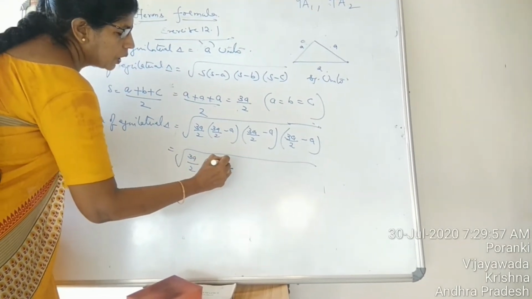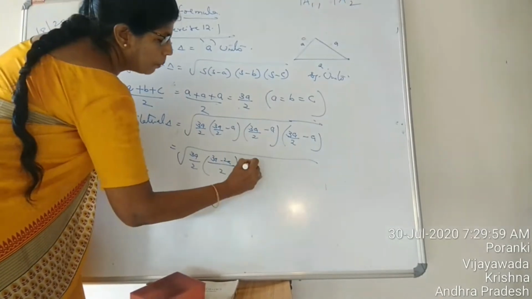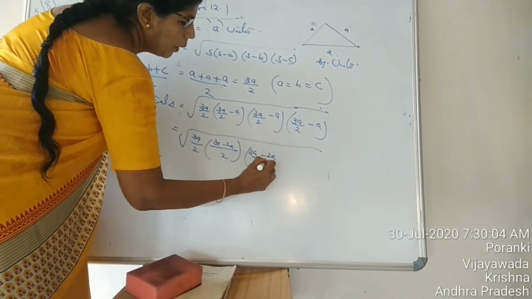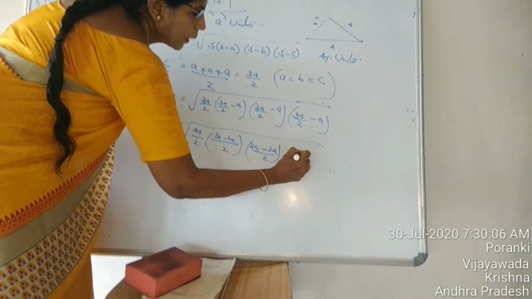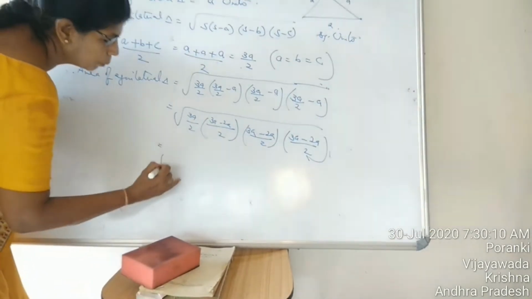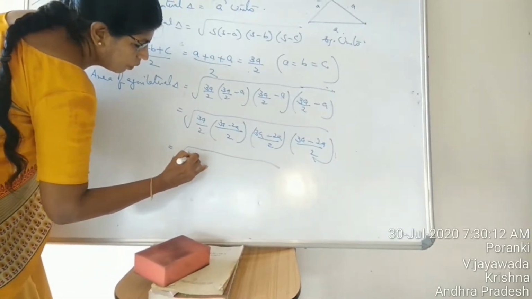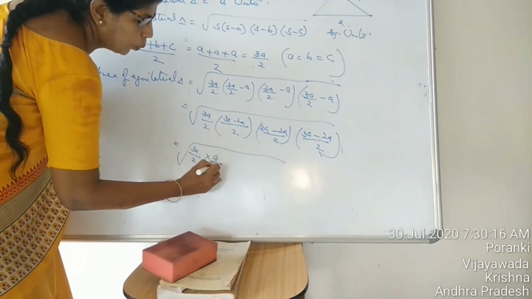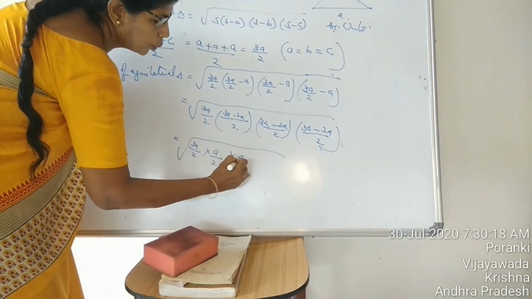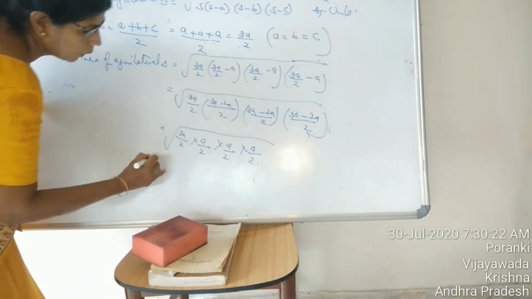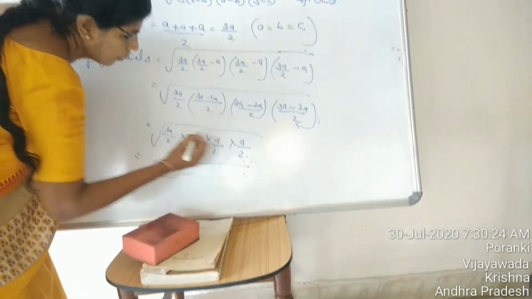First bracket LCM is 2. 3a minus 2a by 2. Second bracket also 3a minus 2a by 2. Third bracket also 3a minus 2a by 2. 3 minus 2, 1. 3 minus 2, 1. 3 minus 2, 1.